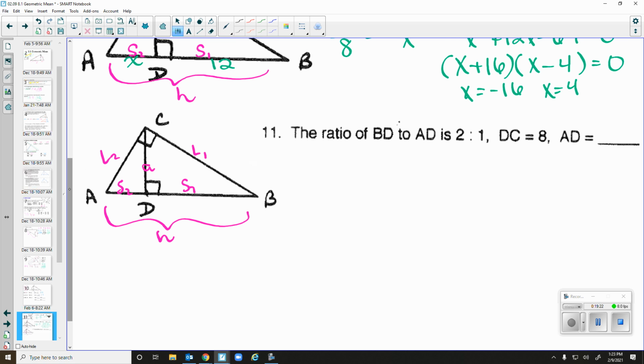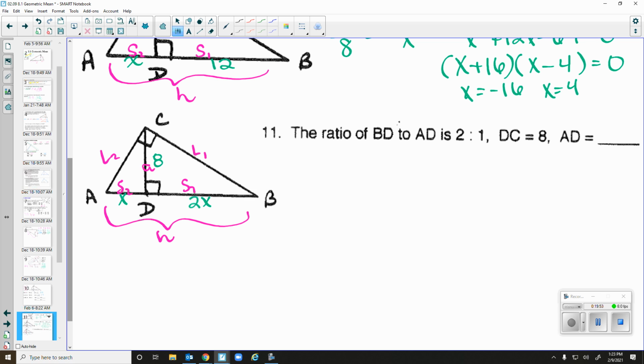Okay. Last one involves a ratio. So the ratio of BD to AD is 2 to 1, and then DC is 8. So we got 8 here. How do you write it with the ratio part? 2x and 1x. So BD to AD, so we have 2x to just x.